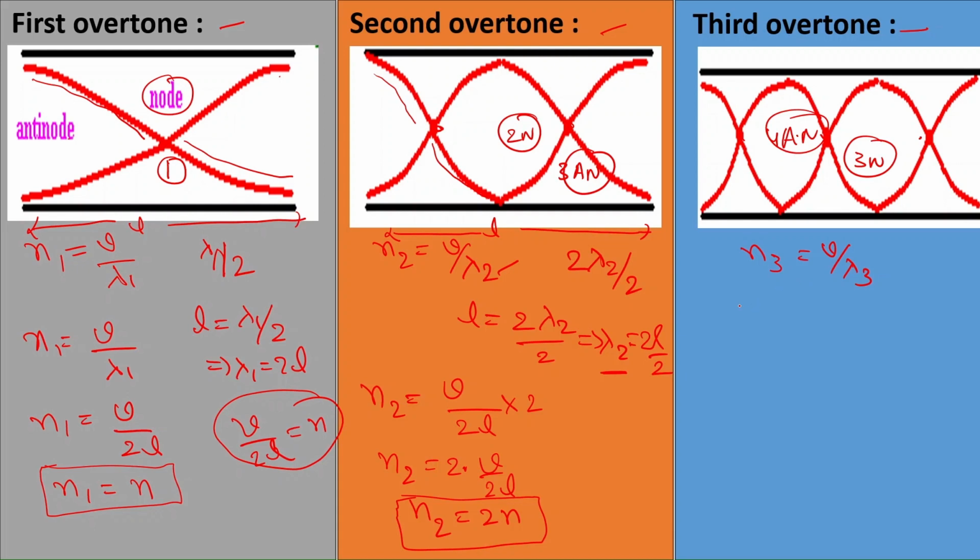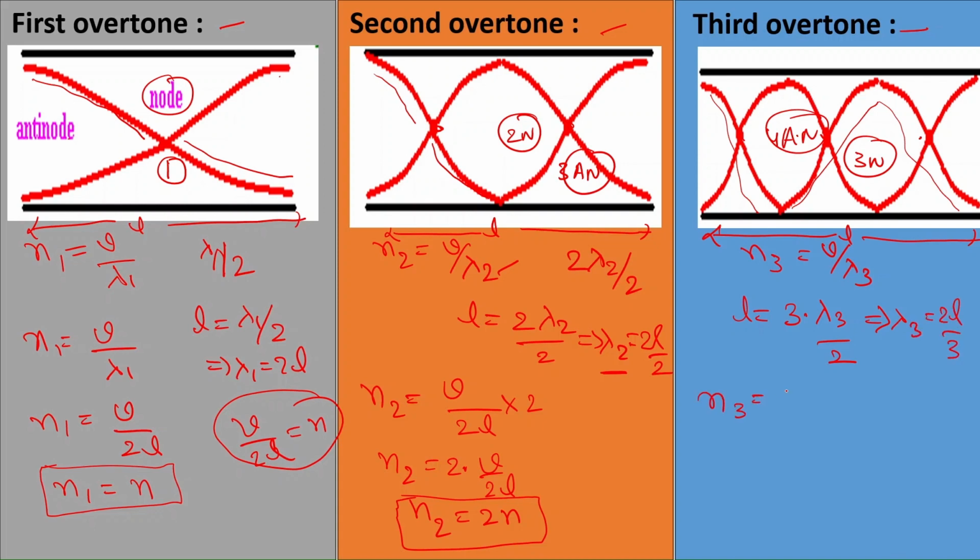Now coming to the third one, similarly here I consider this is the L length of the pipe. Here how many lambda by 2: from here to here 1, here to here 2, and here to here 3. Now L equals 3 lambda 3 by 2. This implies lambda 3 equals 2L by 3.